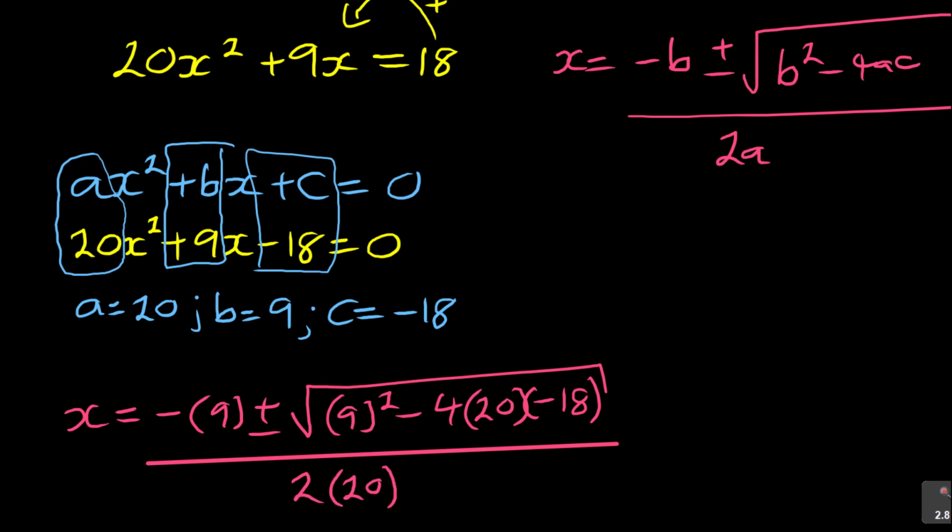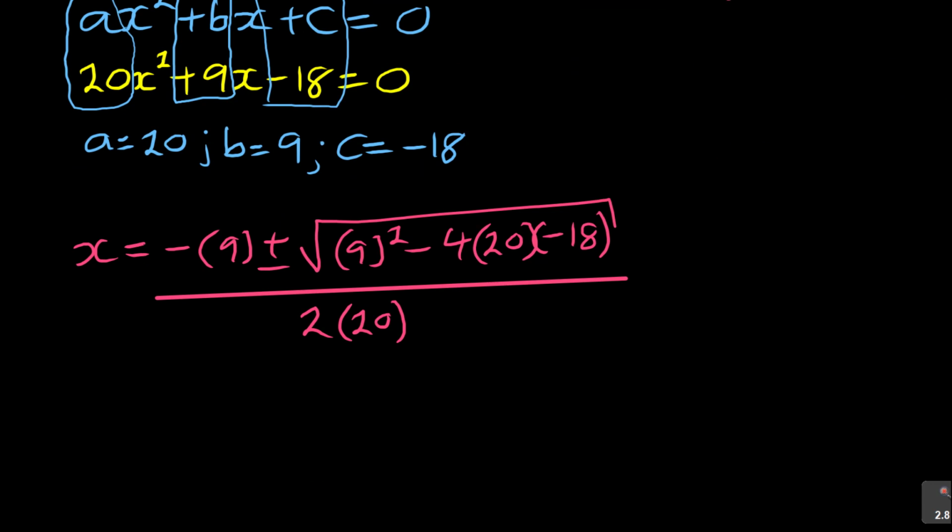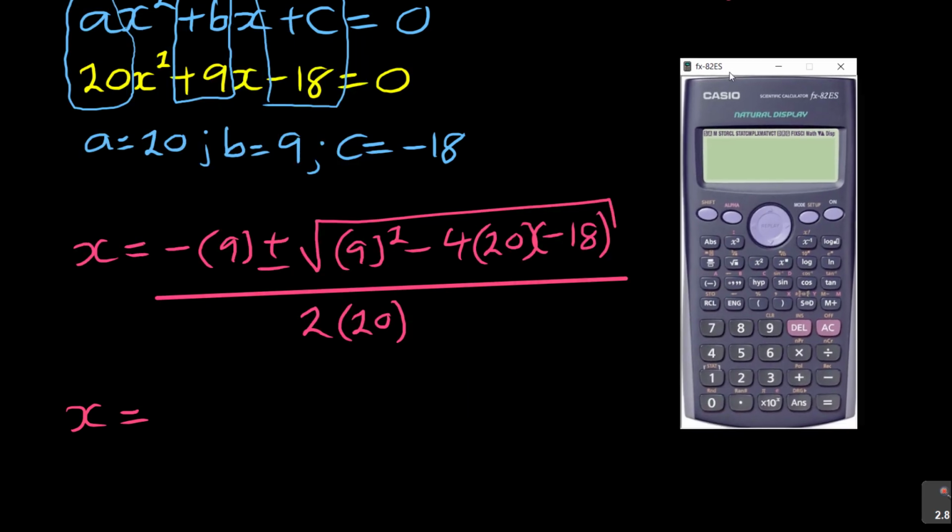Then with this I'm able to finalize what my x is, and you can use the calculator: negative 9, plus, starting with the positive, square root of 9 squared minus 4, a was 20, and c is negative 18.